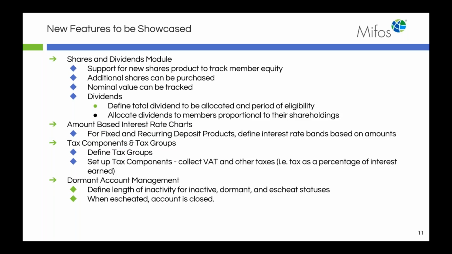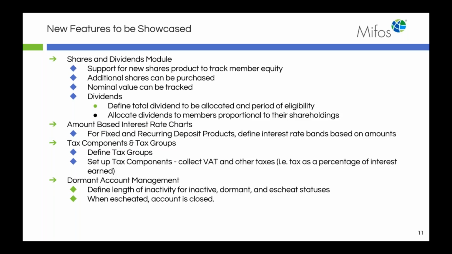And so now, we have a new product type of shares, which are used to track member equity. They act very similar to a deposit account, but it's actually a member's equity account. Apart from opening a new shares account, additional shares can be purchased at a later date, and the nominal value of these shares can be tracked. The shares are tightly linked with our dividends functionality.